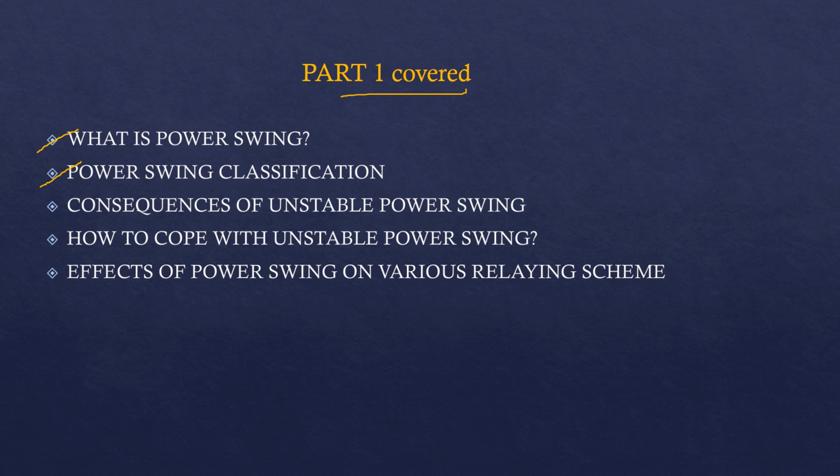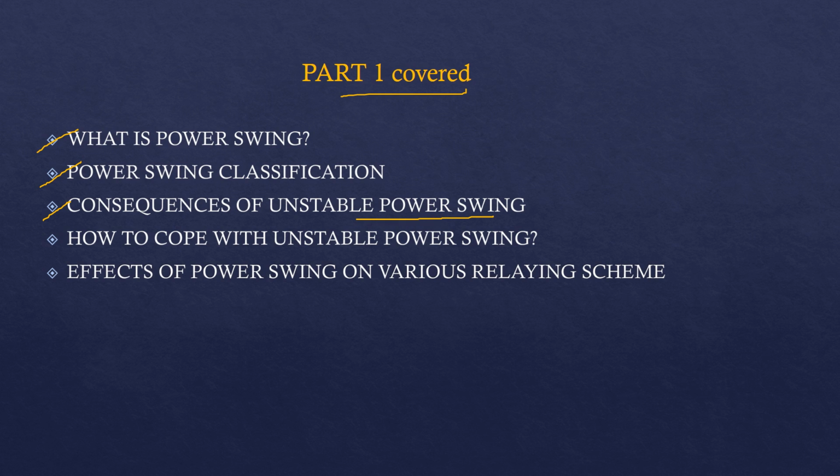Then we have discussed the consequences of unstable power swing like undesired relay operation, damage to generator and turbine as a result of pole slipping, and low voltage which leads to motor stalling condition. Also, cascading outages and complete shutdown of the power system are possible as a result of unstable power swing.